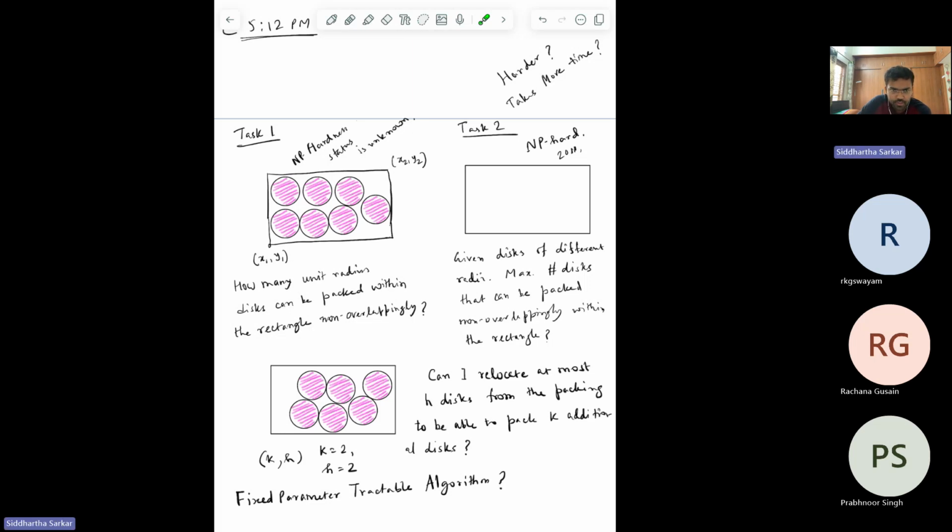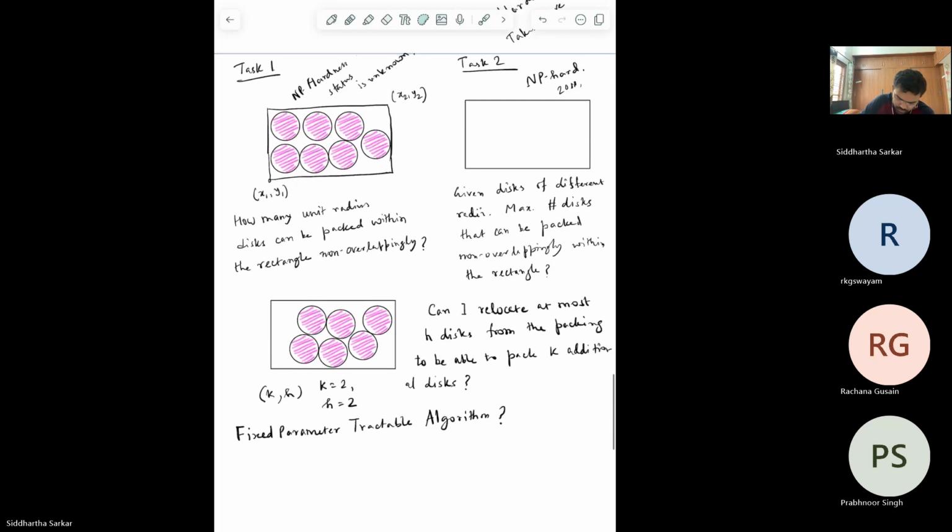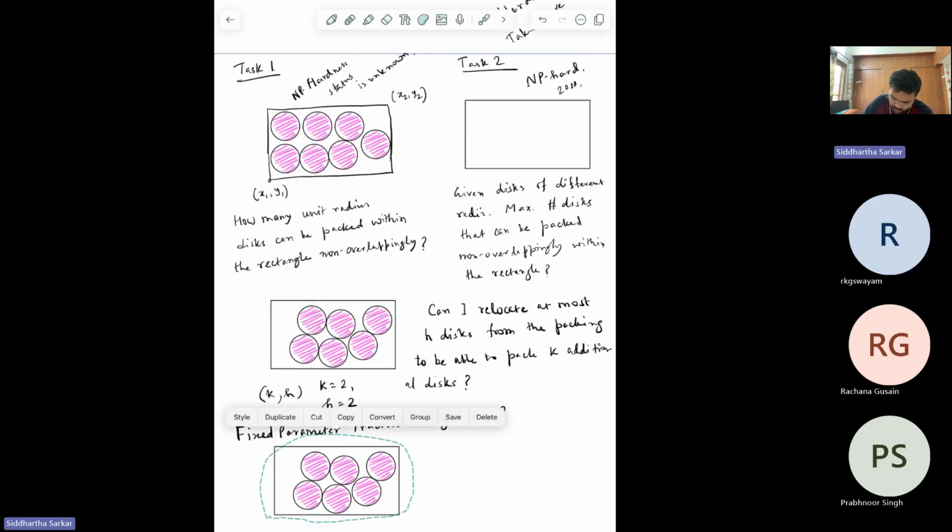For example, can I move this guy and this guy downwards? If I move these 2 guys downwards, I make space here and there's already some space here. So I can add 2 additional disks here and here. So this is my instance, and I'm going to do the relocation.